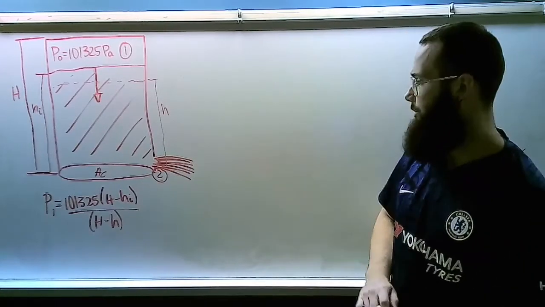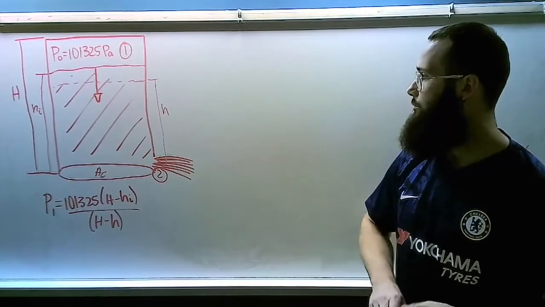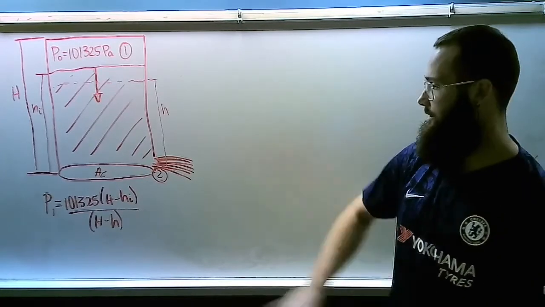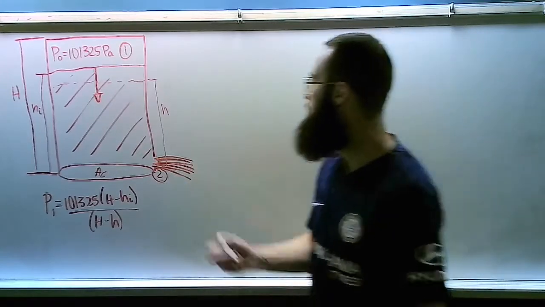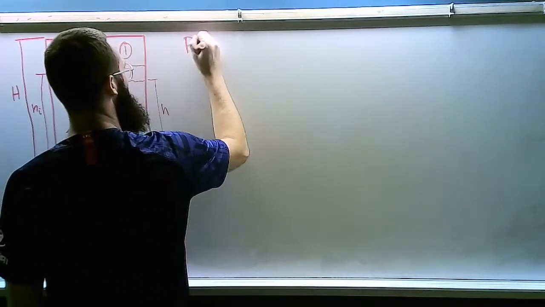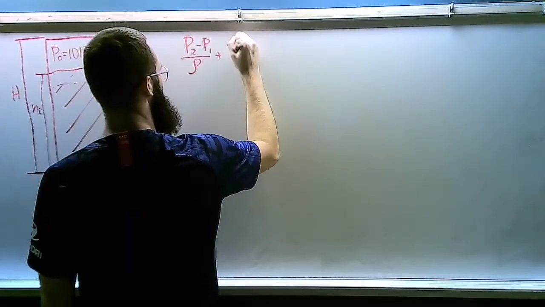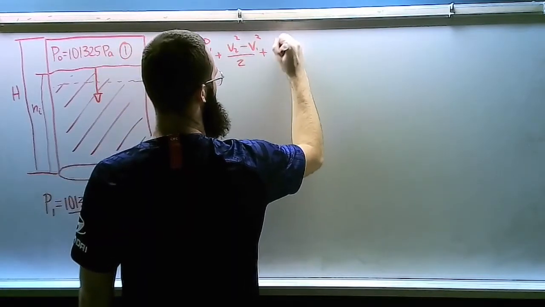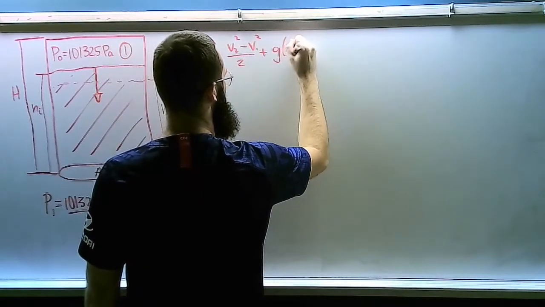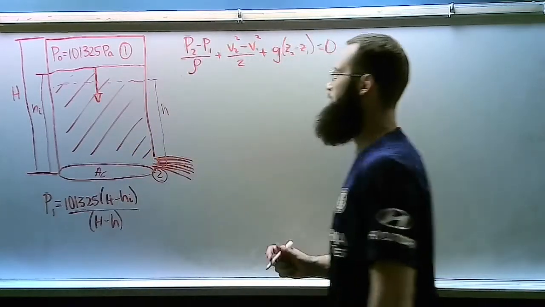So now that we've modeled the pressure at a given height, we need to use Bernoulli's equation to find the velocity as it exits from the vessel at point 2. So Bernoulli's equation: P2 minus P1 over rho plus V2 squared minus V1 squared over 2 plus G times Z2 minus Z1 equals 0.